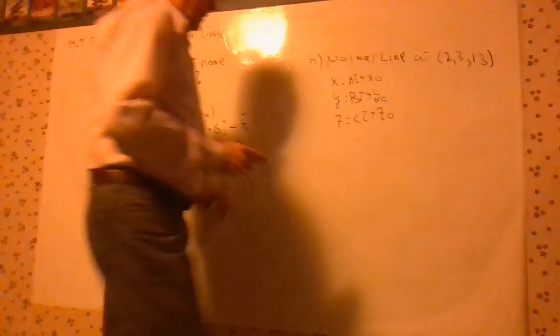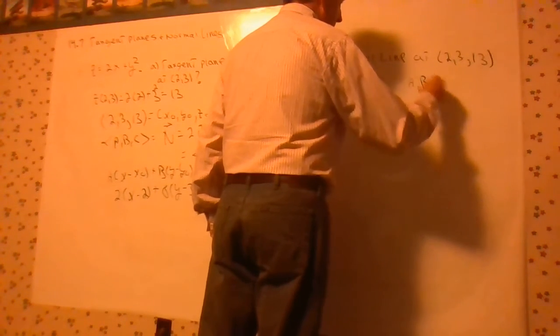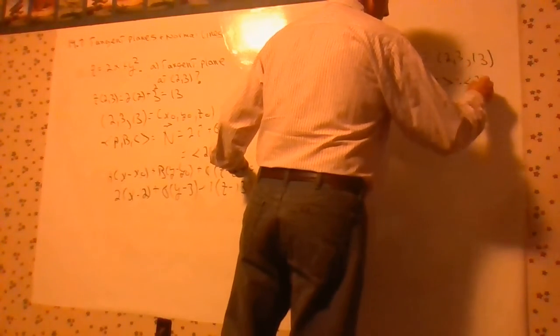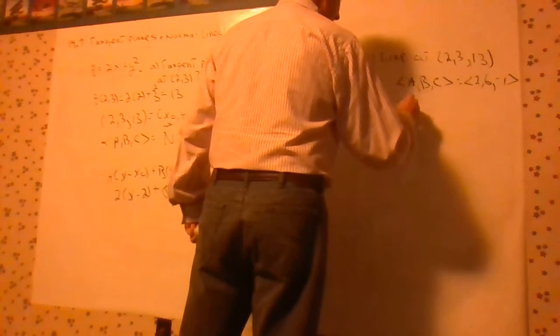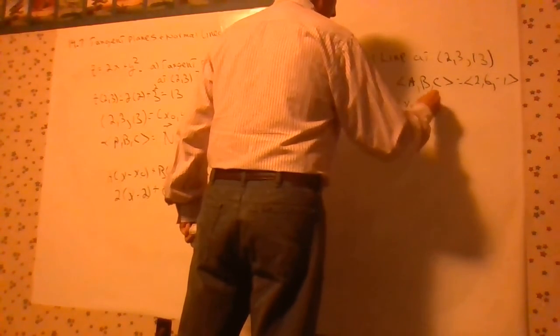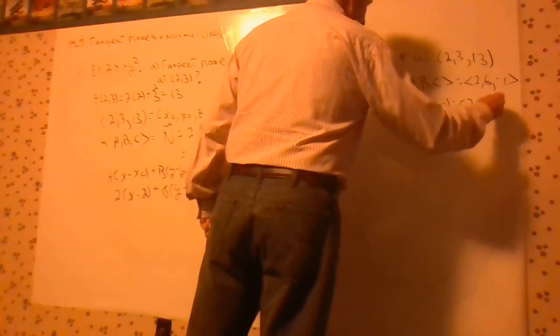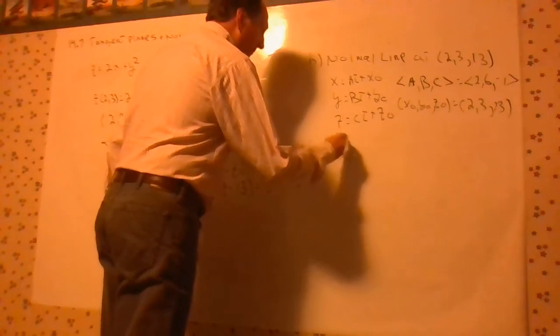And of course, we already have ABC. ABC is equal to 2, 6, minus 1. And we have x0, y0, z0 is 2, 3, 13. So we're just going to substitute to get the parametric form.